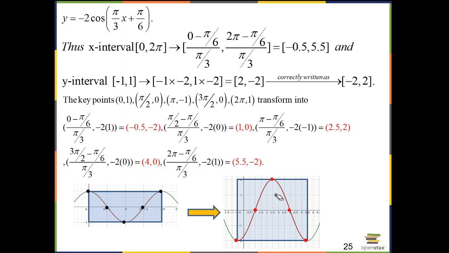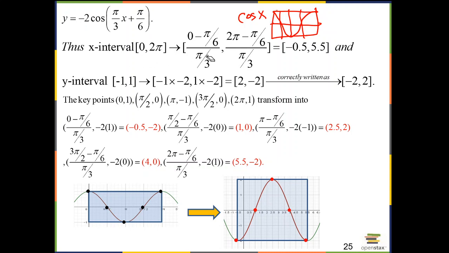Now, if you want to do it exactly using transformation of all the original points, you can think of the original cosine, which starts from here and then goes there and then goes there. Original cosine, not flipped. Because this is negative, this is going to be flipped.